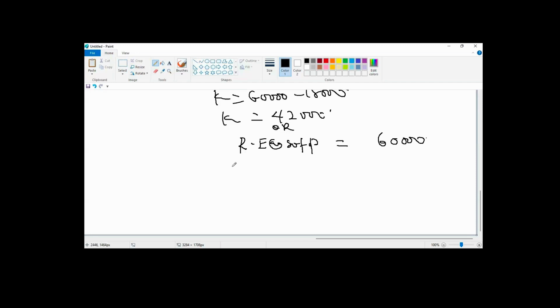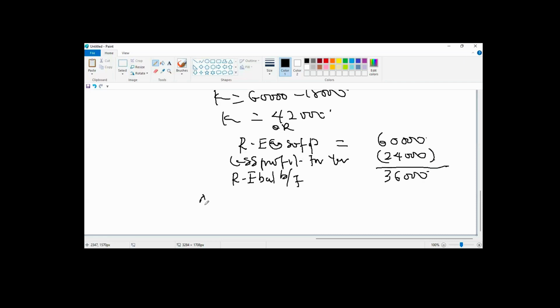I will less profit for the year, which is 24,000. This is the retained earnings balance brought forward as at the beginning of the year, 36,000.